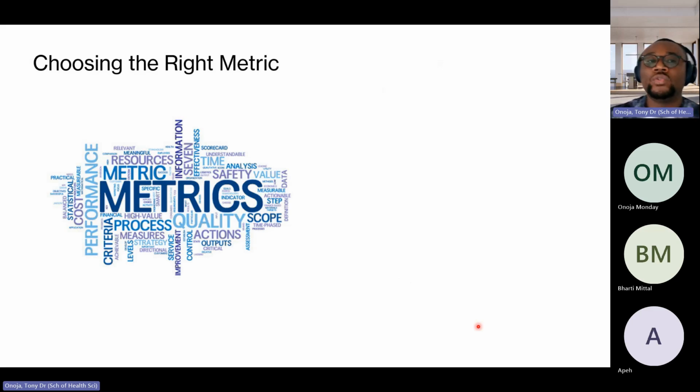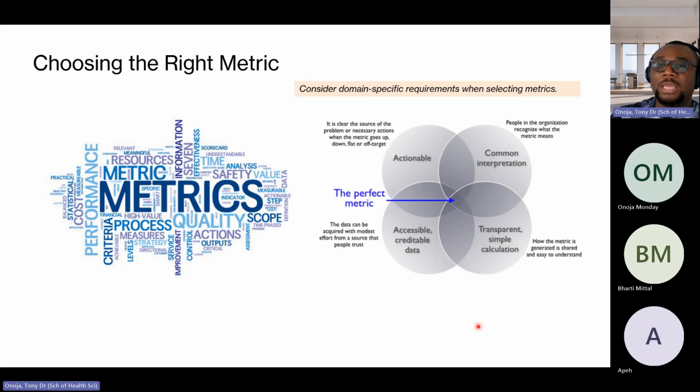Now, choosing the right metrics. Again, consider the domain-specific requirements when selecting the metrics. Always make sure you consider them. Another thing is resources. Do you have the resources? And the cost of measurement, the statistical visualizations, descriptive statistics, and all that analysis, safety.